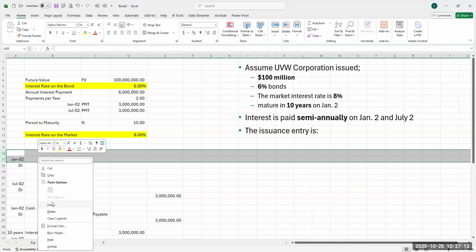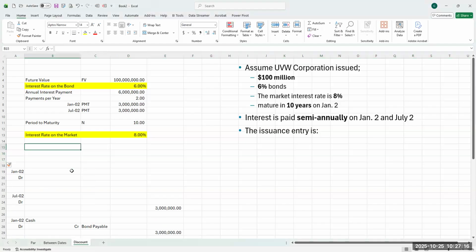Now the question is, what is the value that, considering the market rate, will be equal to the value of the 100 million plus the interest over the 10 years, which is worth today?